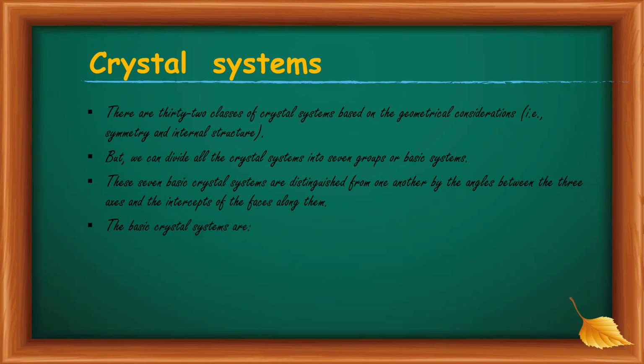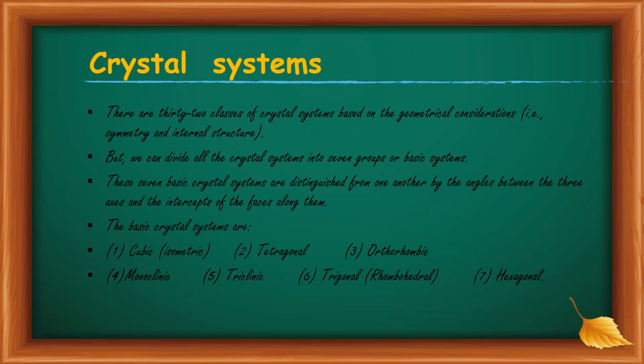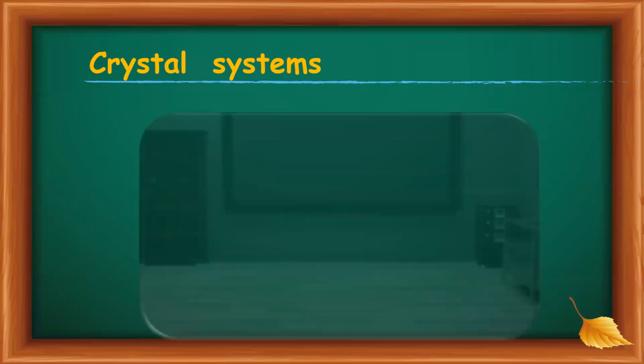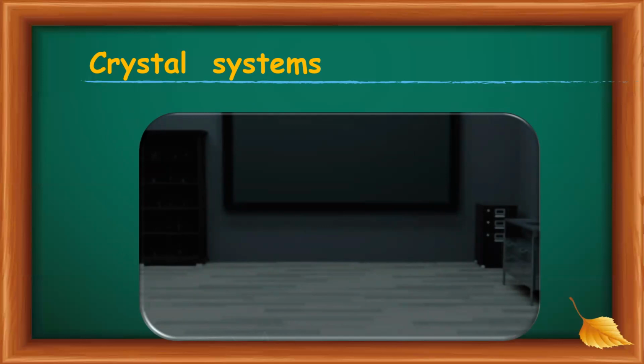So the classifications are cubic, tetragonal, orthorhombic, monoclinic, triclinic, trigonal or rhombohedral, and the last is hexagonal. And look at the classifications.